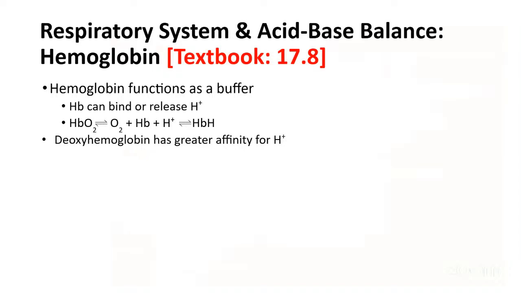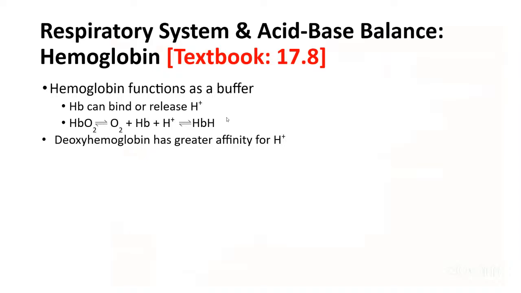So what this would look like, HB is our hemoglobin. Here you see our oxygenated hemoglobin could be separated into oxygen, hemoglobin, and hydrogen ion. And we can also combine our hemoglobin with hydrogen ions.